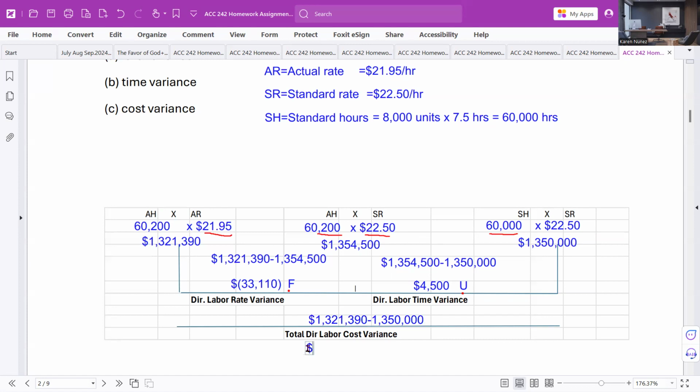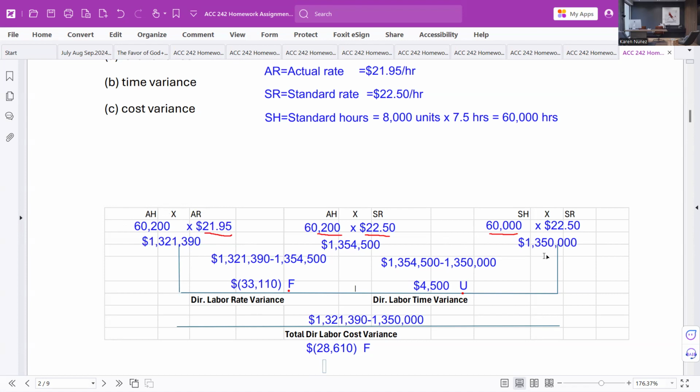It's a negative number, right? So we end up with 28,610. And again, that is a negative number, so it's a favorable variance. Negative numbers are favorable variances. And why is it favorable? Well, it's favorable because the actual cost was cheaper. The actual cost of 1,321,390 was cheaper than the standard cost of 1,350,000.